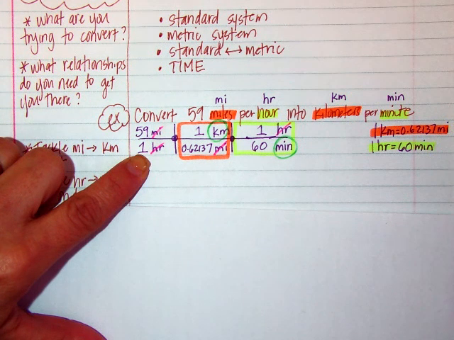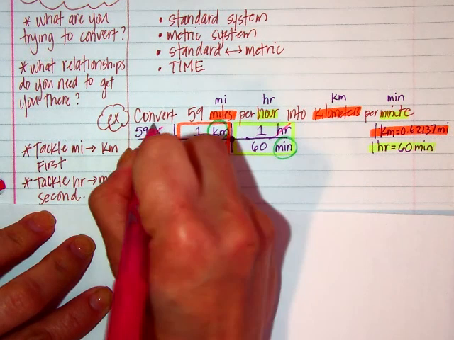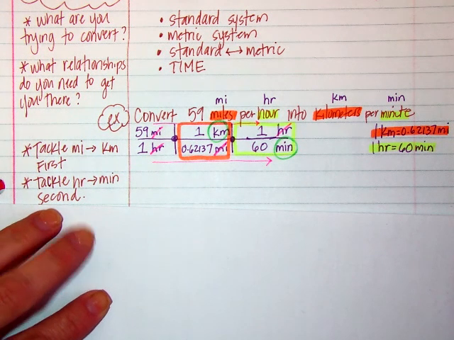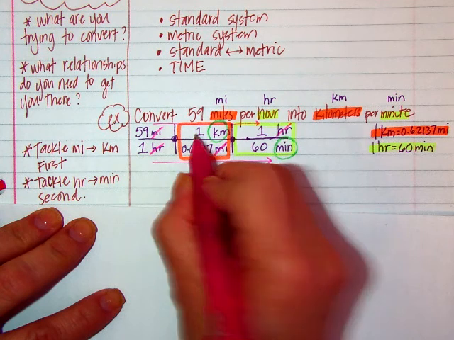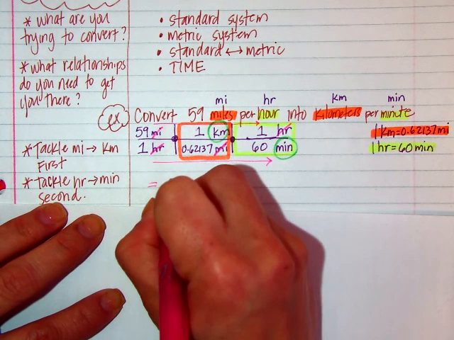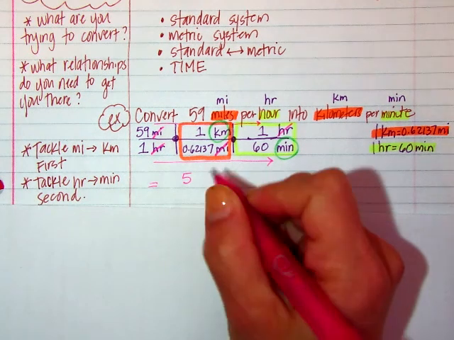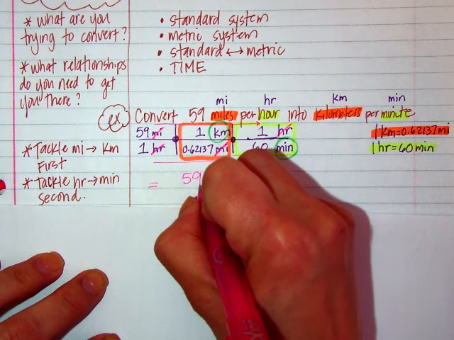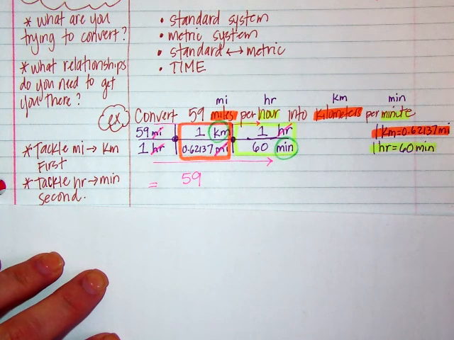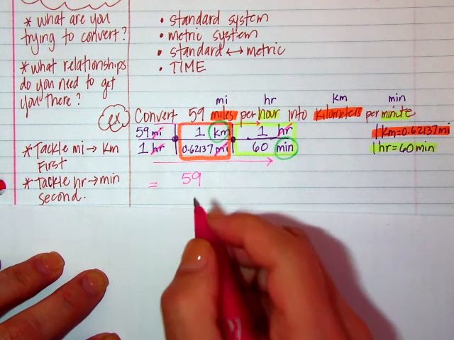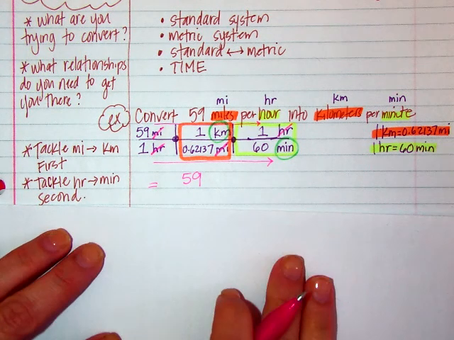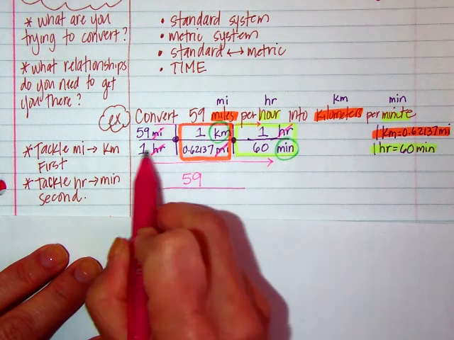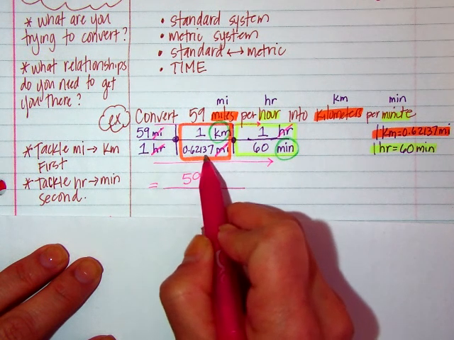So, just like before, you're going to multiply straight through. And when we multiply 59 times 1 times 1, we're going to end up getting a 59 on the top. And then we're going to write down 1 times 0.62137 times 60.